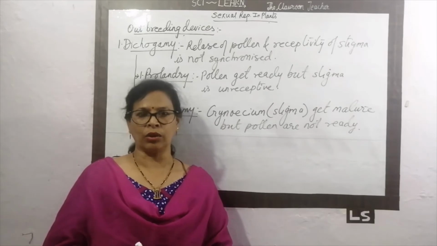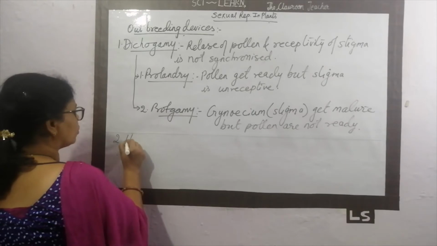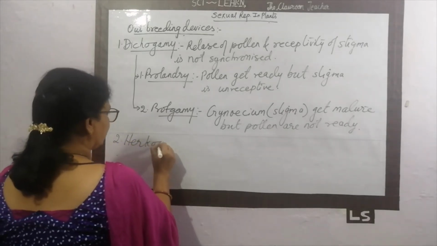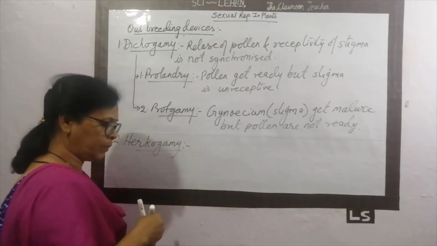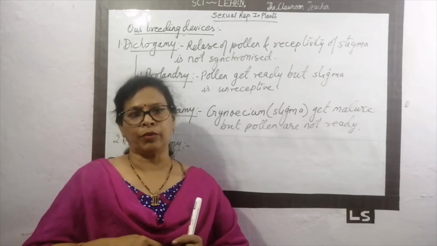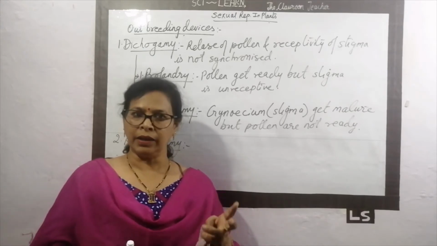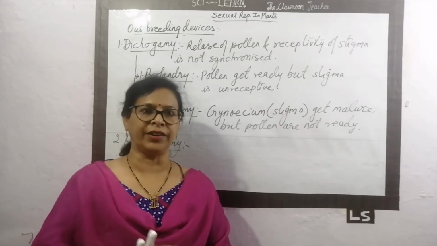The second is called herkogamy. What is the second? Second outbreeding device is herkogamy. And what is herkogamy? In this type of outbreeding, the male and female parts of the flower stay at different heights.